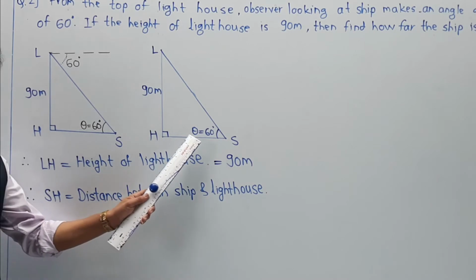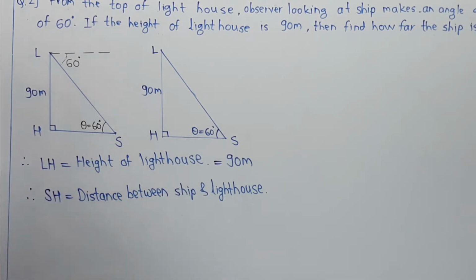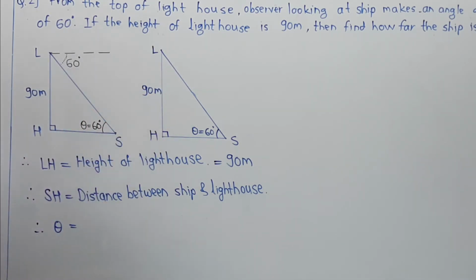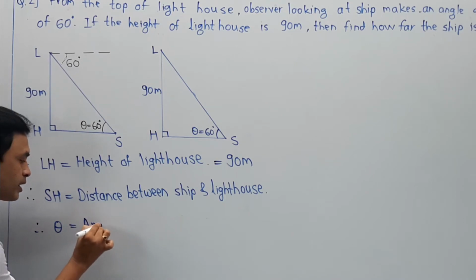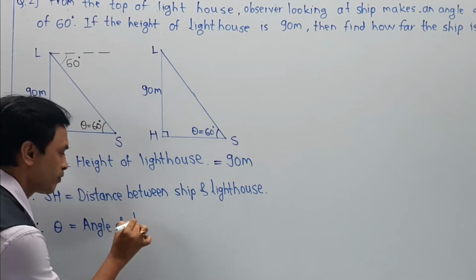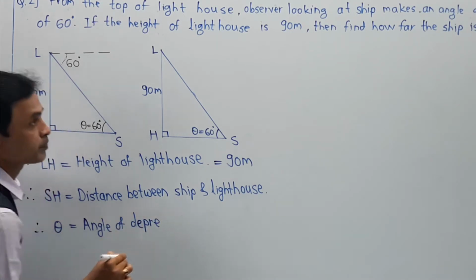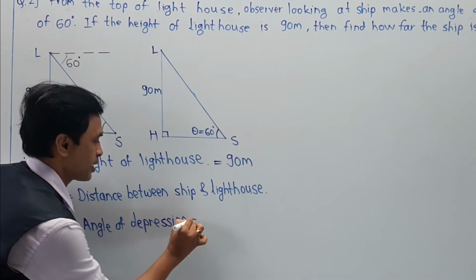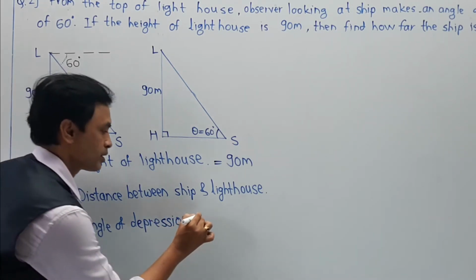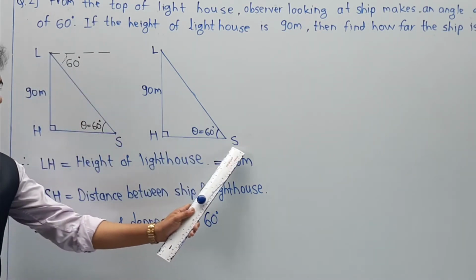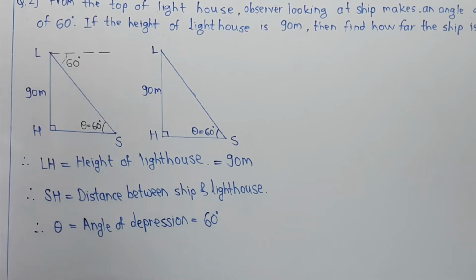Next, in the data, please mention theta also over there. Theta, as per their condition, is the angle of depression. They have given the angle of depression, and that is 60 degrees over here. And now your target is to calculate HS or SH, whichever you consider.